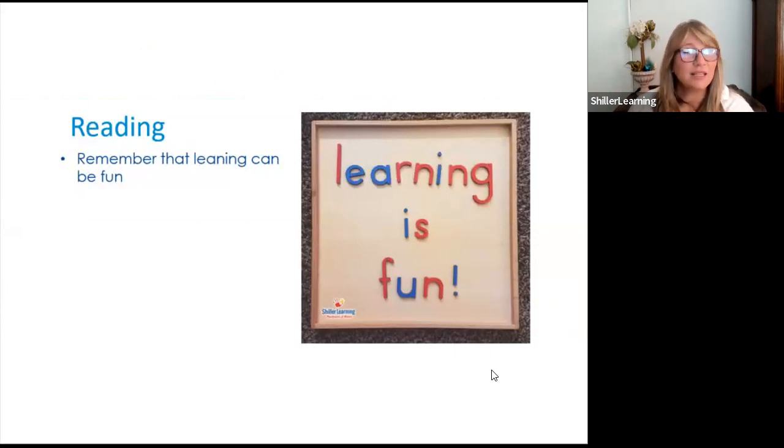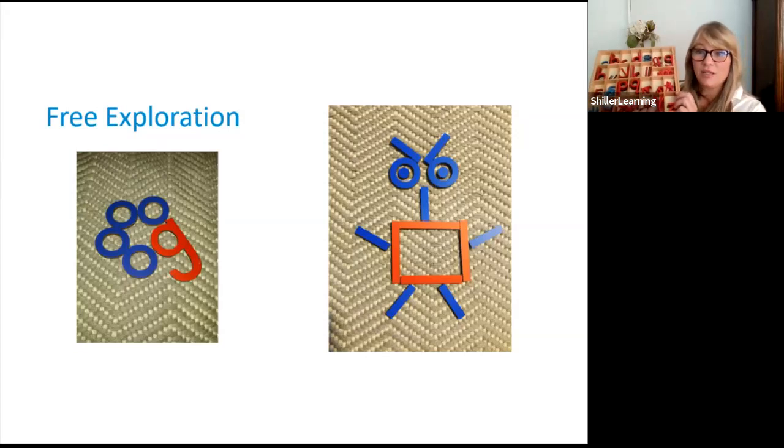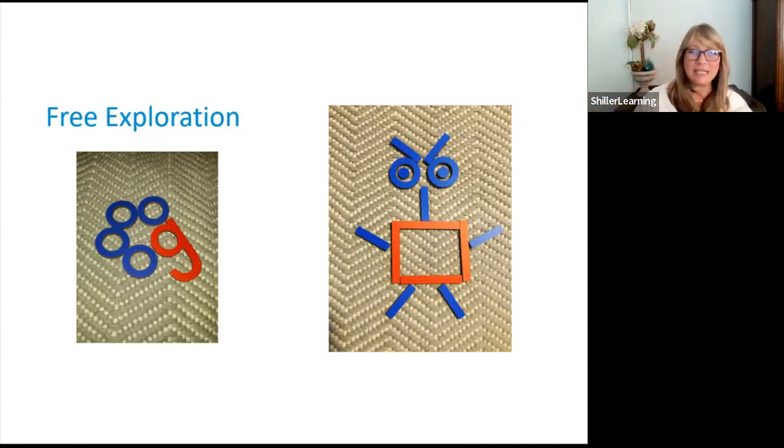And then keeping in mind, again, learning can be fun. We want to keep that fun in. One of the ways of doing that is that open-ended exploration with the materials, even the movable alphabet. You might look at this and think that it doesn't serve much of a creative purpose, but you can see on the screen there that kids can come up with really amazing off-label uses for materials, even the movable alphabet.